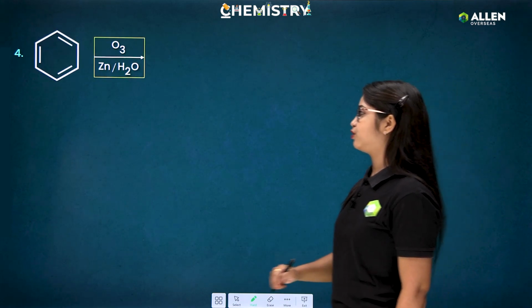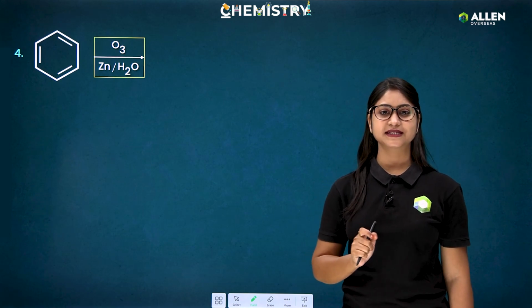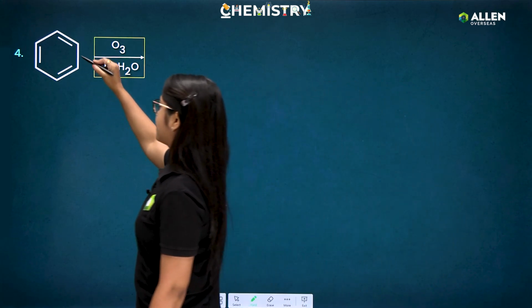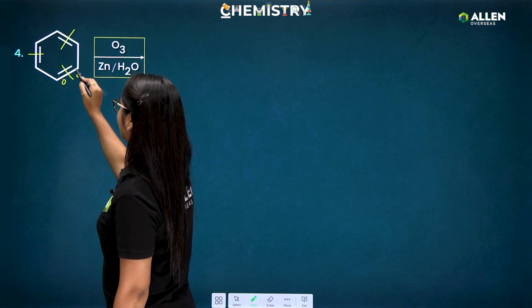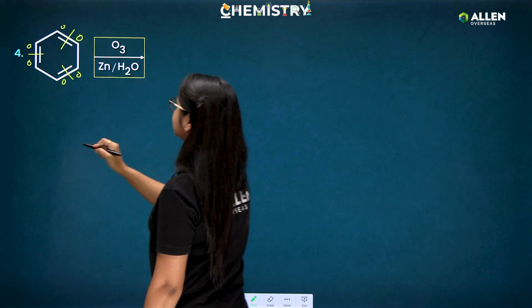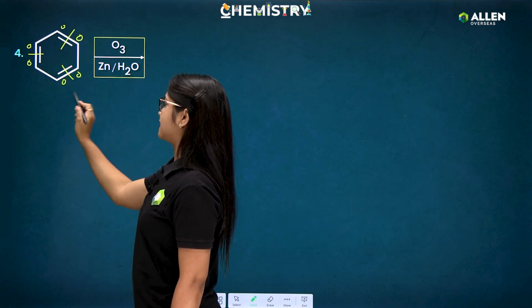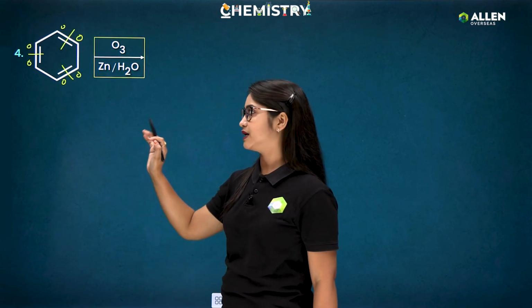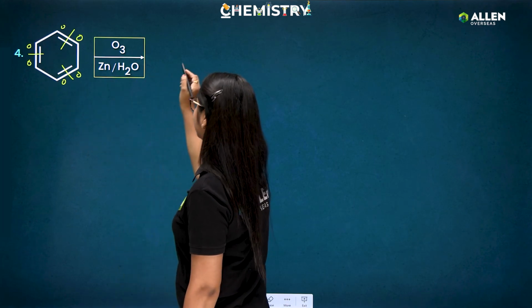Now similarly, when reductive ozonolysis of benzene takes place, what will happen? Here also all the 3 pi bonds will be broken and oxygens will be added on each carbon. So what are we going to get? The whole ring is broken into 3 parts, each having 2 aldehyde groups.